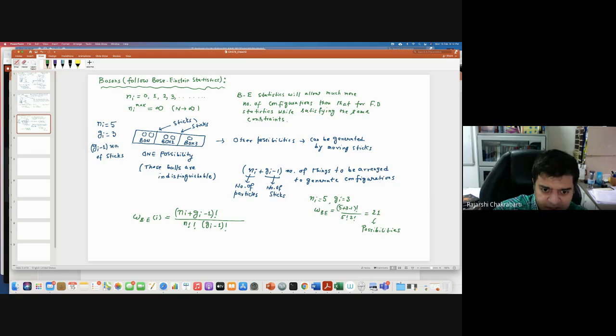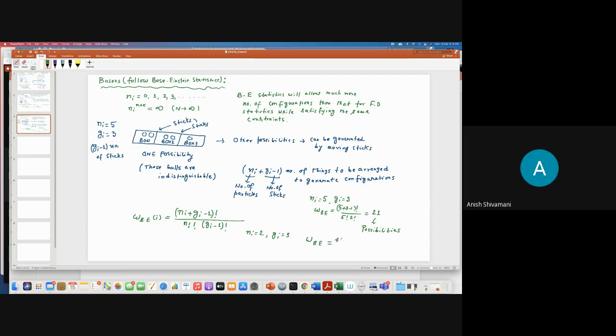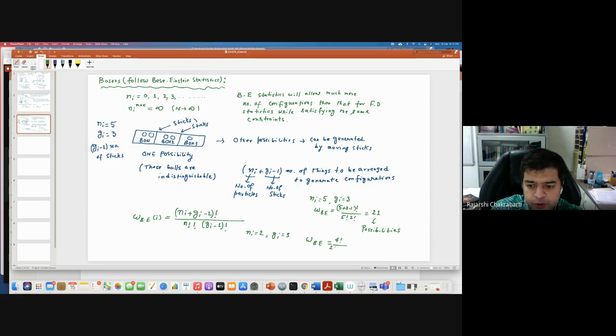If I take ni 2 and gi 3, what will the omega be for this? You can do this calculation. This is going to be 2 plus 2, 4 factorial, divided by 2 factorial, 2 factorial. The answer is 6.